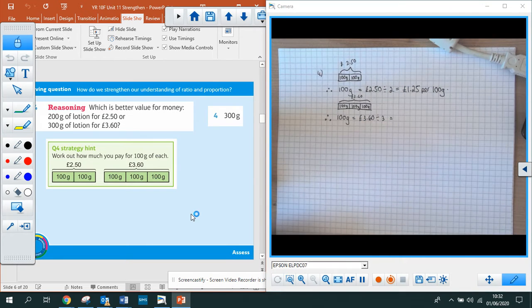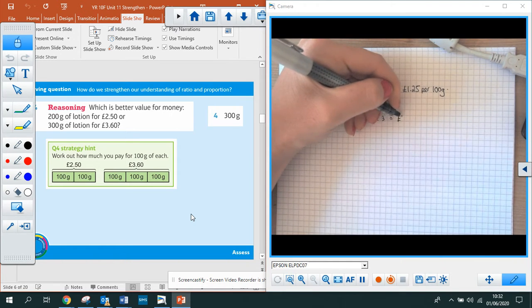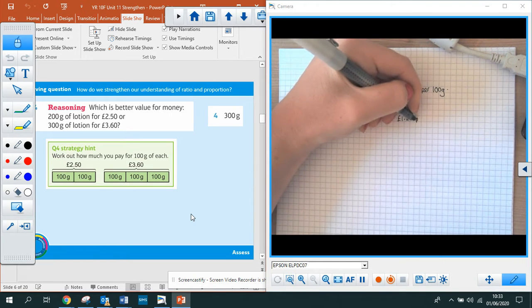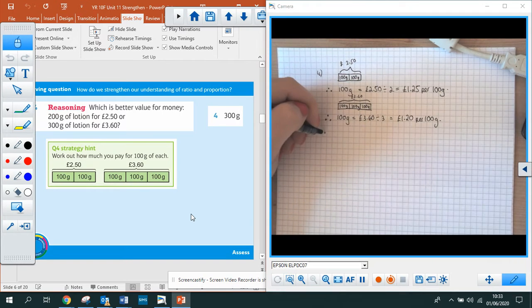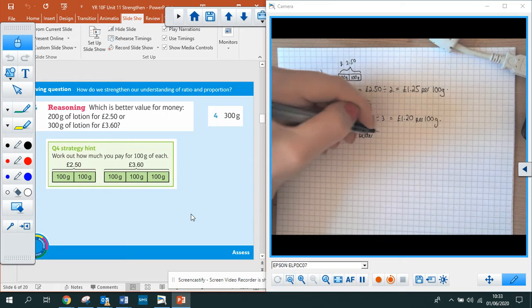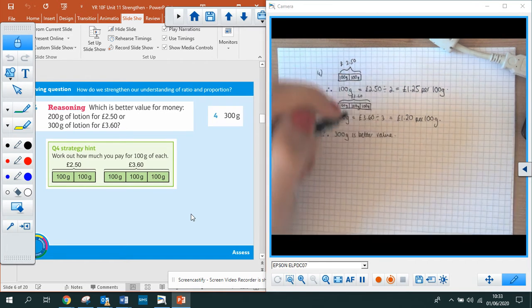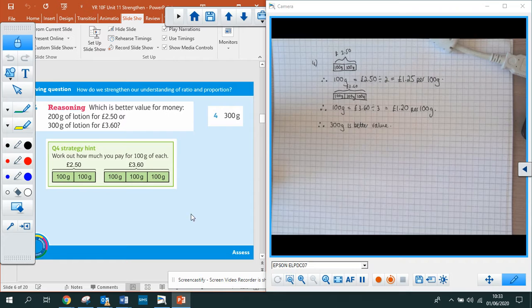So £3.60 divided by 3 is £1.20 per 100 grams. Okay? And therefore, 300 grams is better value. Well done if you got that.